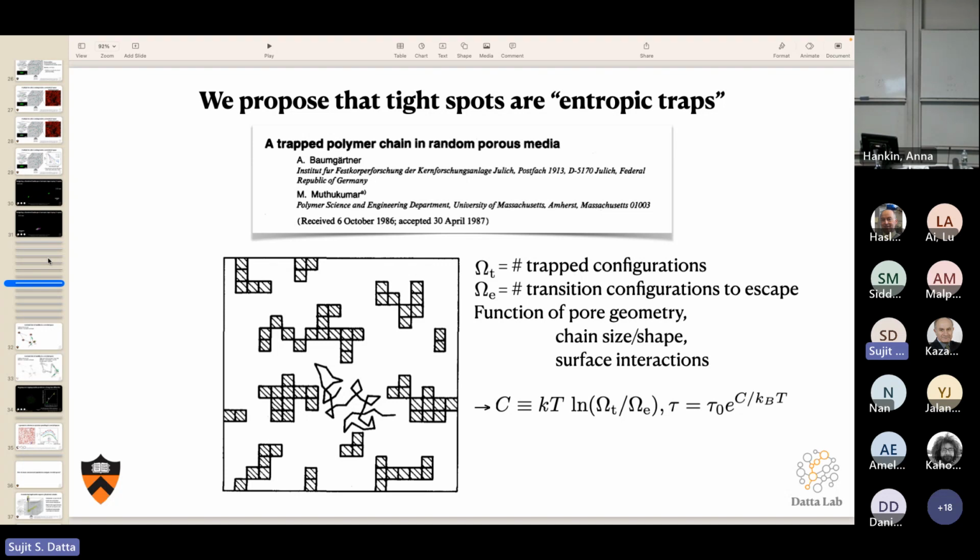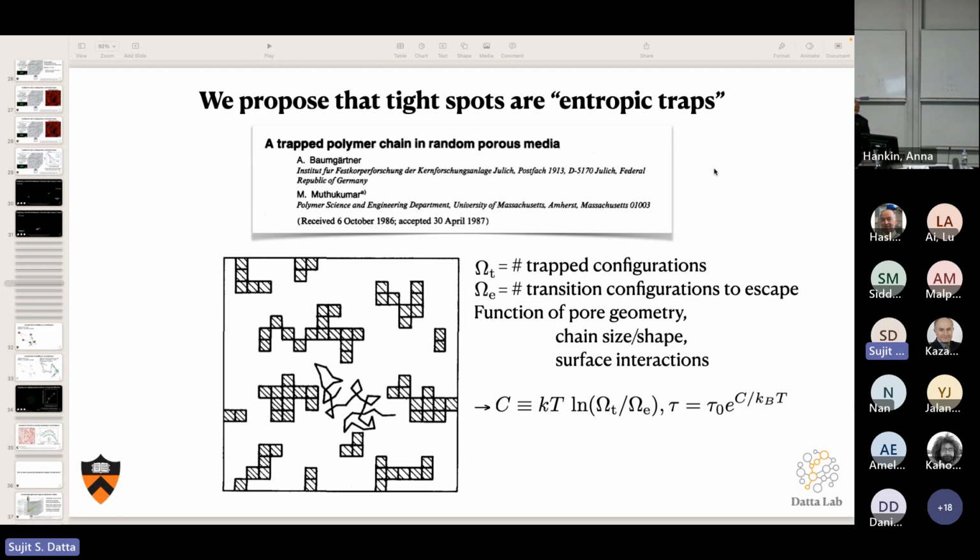All the other configurations keep it stuck. You can count those. In the spirit of statistical mechanics, this looks like an entropic trap. You can write down a confining free energy well, and essentially an Arrhenius type of expression for how long it takes, thermally activated, for this polymer to escape this tight entropic trap.